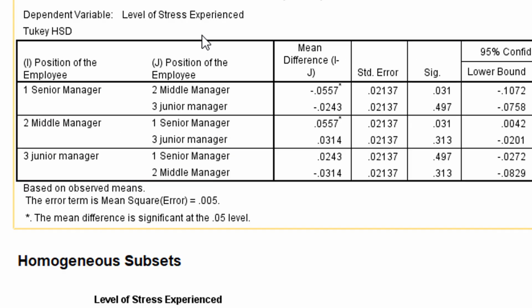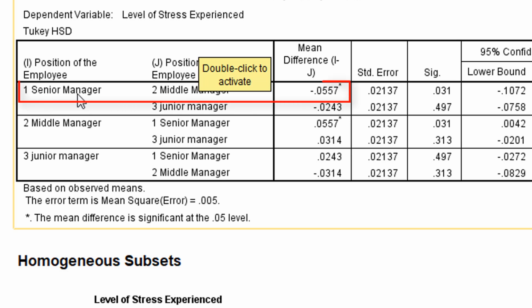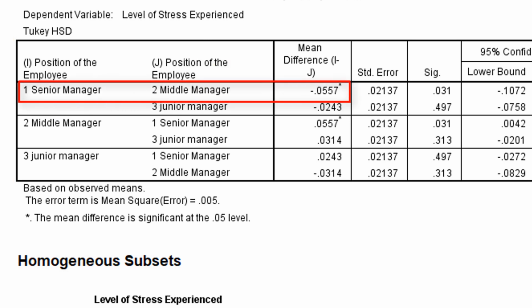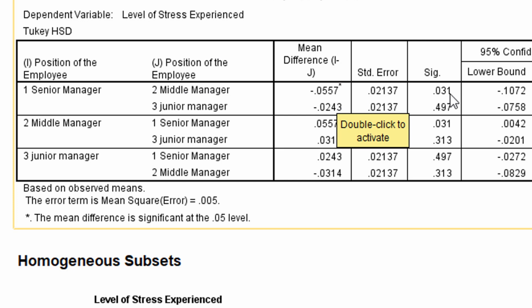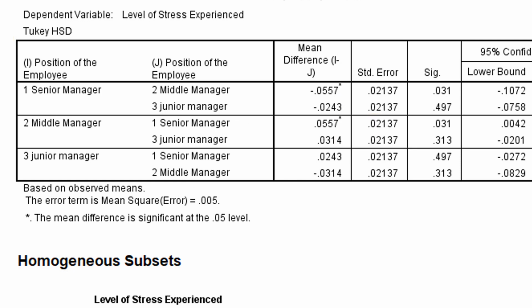From this post hoc test we can see that senior managers and middle managers have a significant difference. Whenever there is a significant difference, you can see the value of p is 0.031, and significantly different groups are shown by an asterisk. You can see this asterisk over there, and similarly this particular cell and this particular cell are the same.